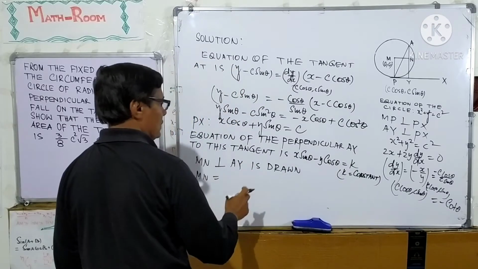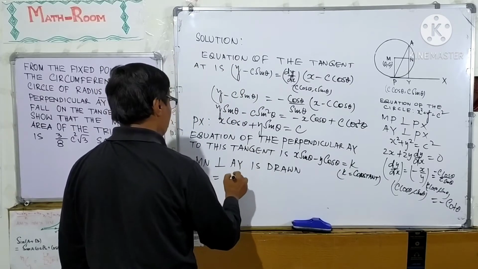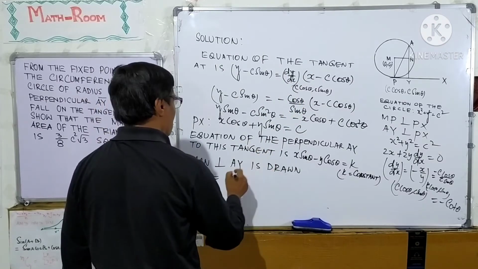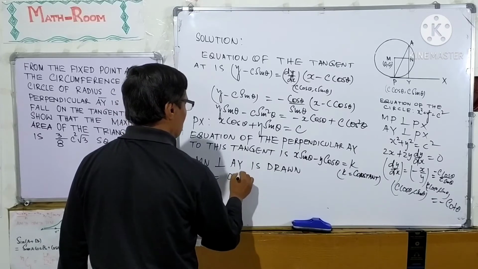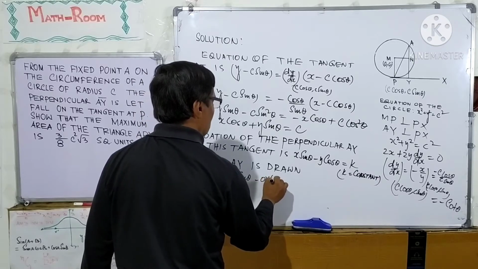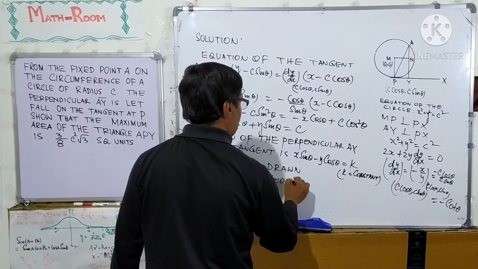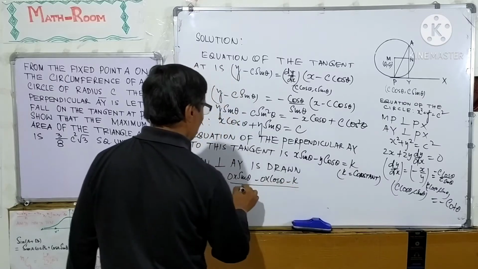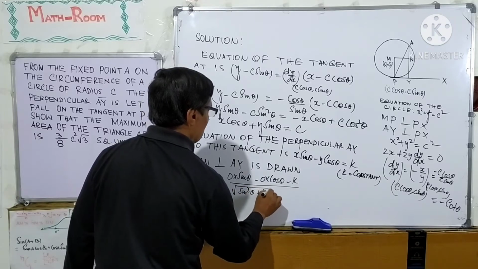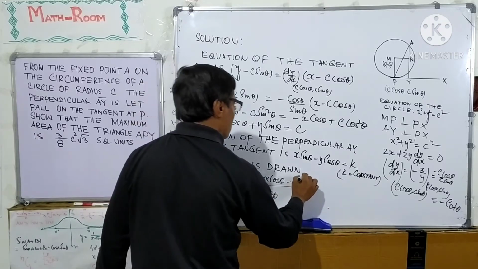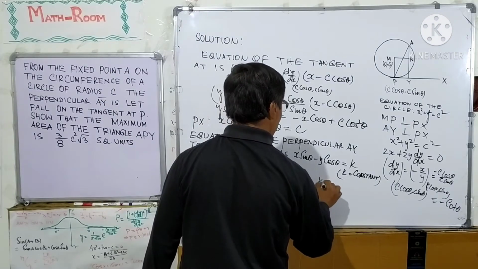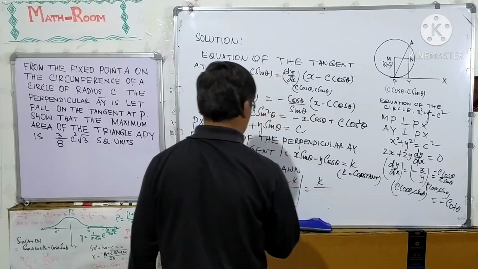So, the perpendicular distance from M, which is the center, is |0 into sin theta minus 0 into cos theta minus k| over the root of sin square theta plus cos square theta, that is the absolute value, which is k over root of sin square theta plus cos square theta.